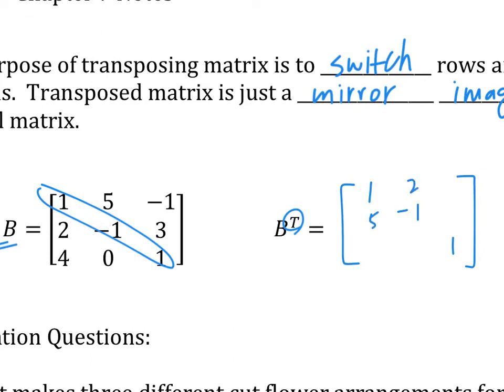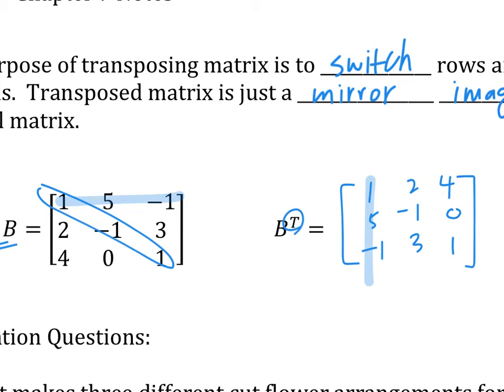So it's a way of switching all your rows into columns. Okay, next. Across from the mirror, or the diagonal, you have 4 and -1. So 4 and -1 are going to swap. Okay? And then the last two numbers, 0 and 3, they're also going to swap. So this is the transpose matrix.